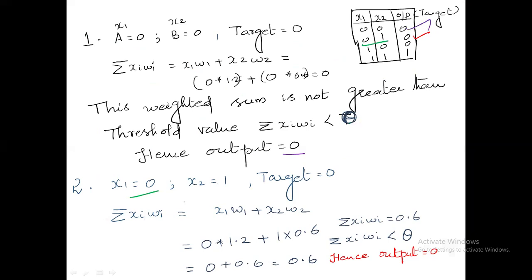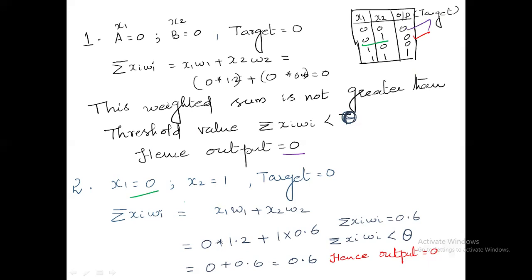0 is multiplied with 1.2, and 1 is multiplied with 0.6.